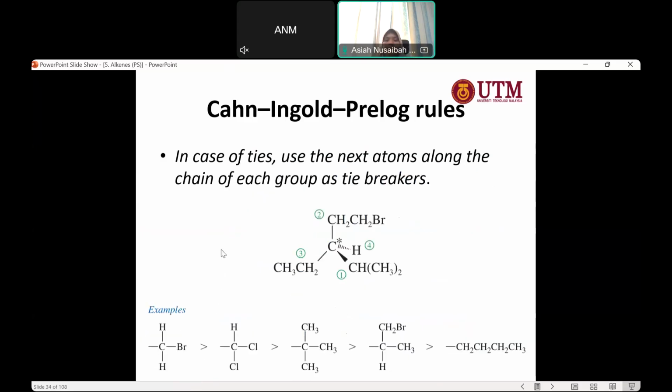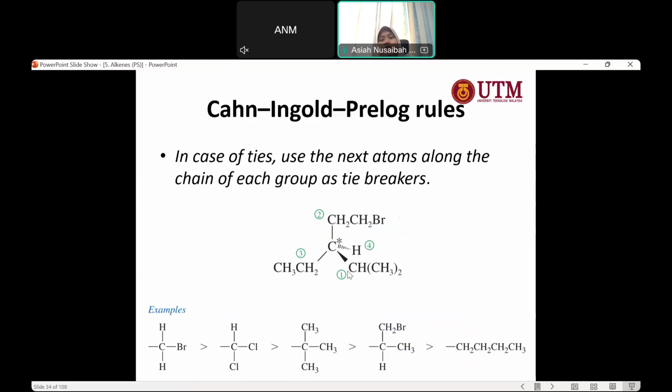Let's see an example. Before that, let's say all are the same atom, because we are referring to only the atom. So in the middle we have C, and then we have the atoms attaching to C, there should be 4 atoms, 1, 2, 3, 4, and 3 of them are C. C, C, C. But actually here is ethyl, we have ethylene bromide, and here we have a branch.